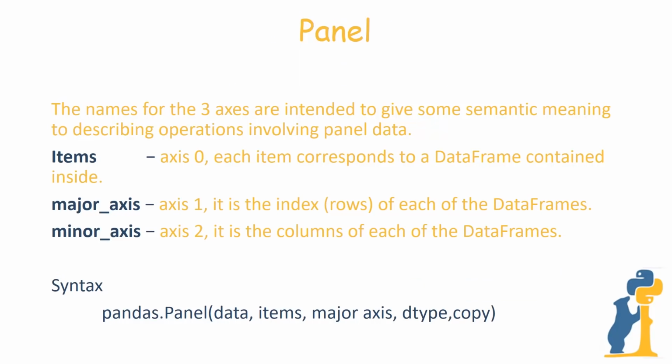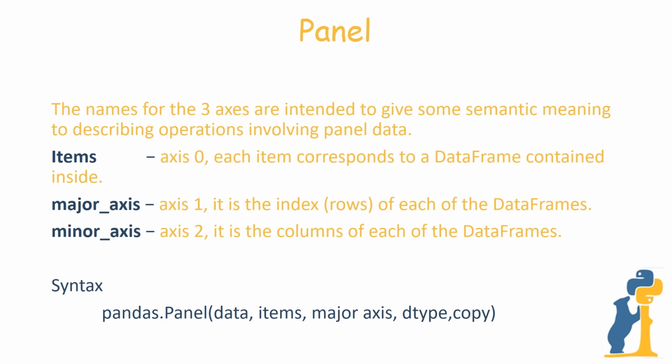Let us see the last data structure, panel. Panel is a 3D container of data. Panel data is derived from the econometrics term panel data. By using panel, we can represent the data by using three axes. First one, items.